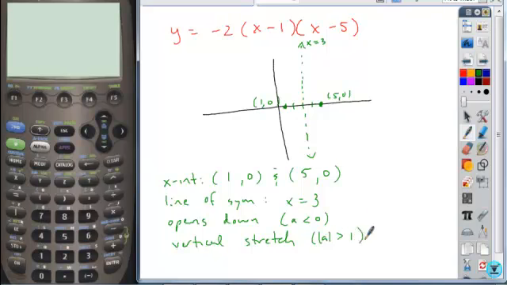So we know that our graph is going to be a little bit steeper. This would be what a basic function would look like, so we need to stretch it vertically. Our graph is going to look more like this. And so here is what we would expect our graph to look like. We can get the general tendency of the graph. So we should expect our y-intercept to be located somewhere down here. And so let's test that.